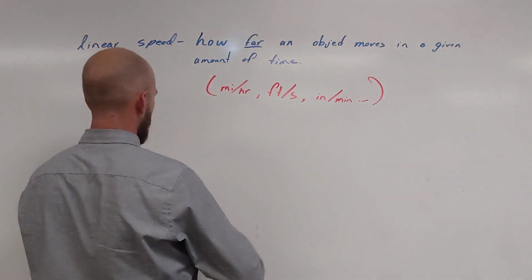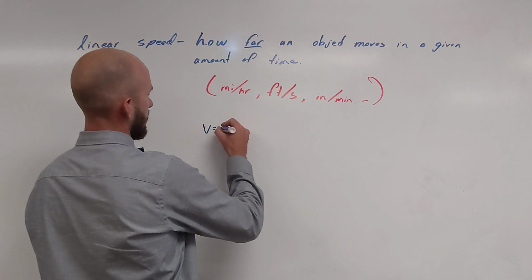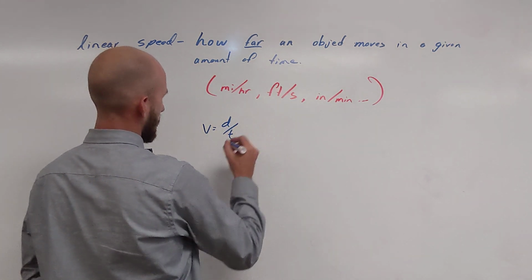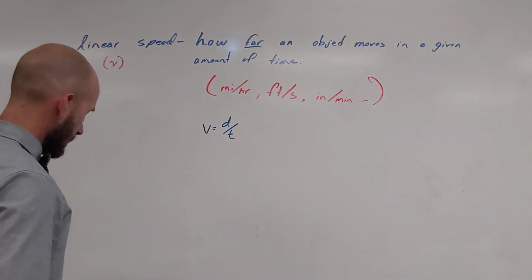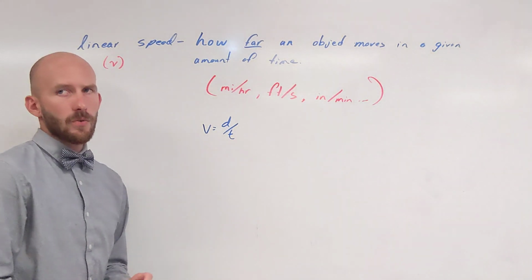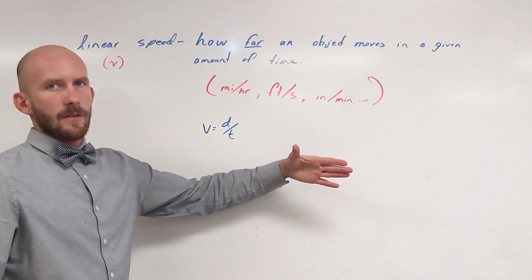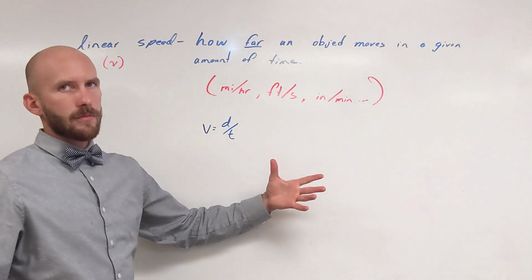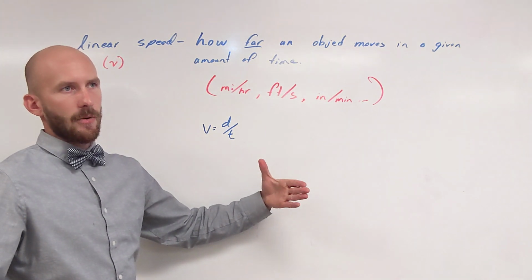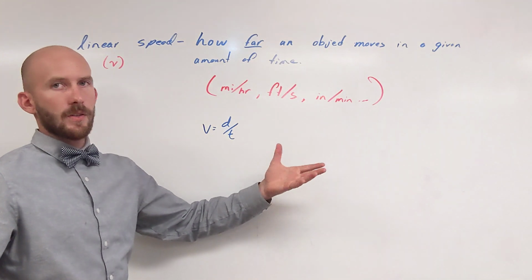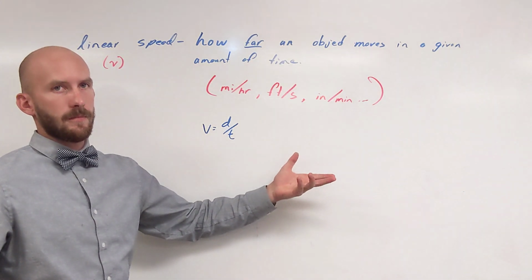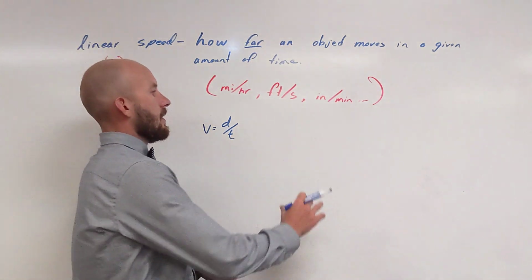Change colors. Okay, that makes sense, right? If I travel, let's say 30 miles in 5 hours, then that would be an average speed of 6 miles per hour, right? Okay.